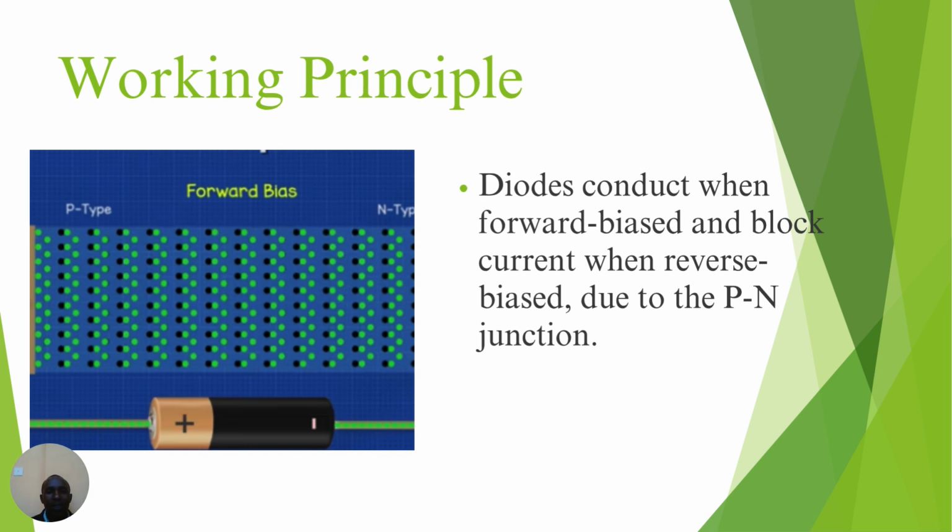For now, just know the PN junction is the one which makes the diode allow current to flow in one direction only. So it will conduct in forward bias, but when it's reverse biased, it will block the current. Or if you connected a bulb, it won't light.